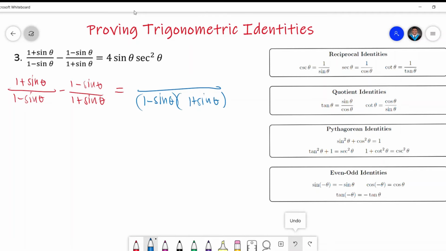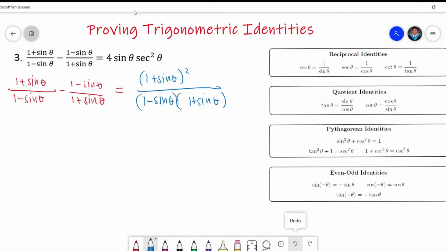So doing the process, of course, the LCD divided by the denominator of the first term, that is 1 minus sine theta. So that will give us 1 plus sine theta. Then 1 plus sine theta, i-multiply natin sa ating numerator 1 plus sine theta, and that will give us quantity 1 plus sine theta squared.